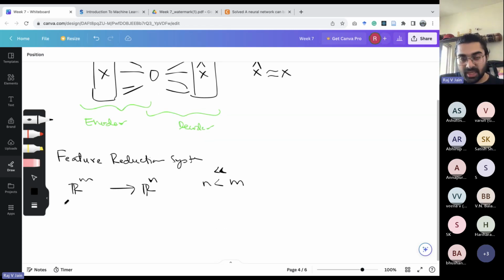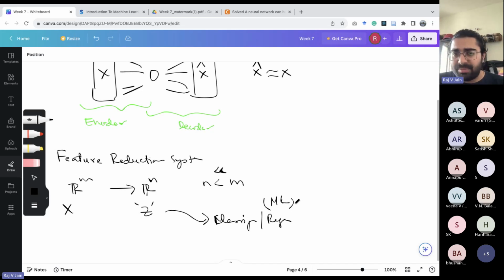Each x gets represented in the z space. Then you use the z's for a given x in your downstream task, which could be classification or regression, by some other ML algorithms. That's the idea. Same thing you do in PCA.